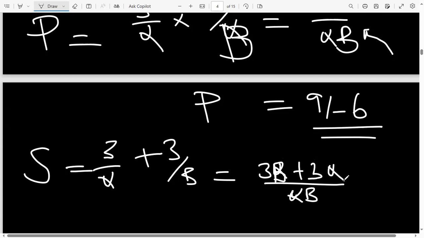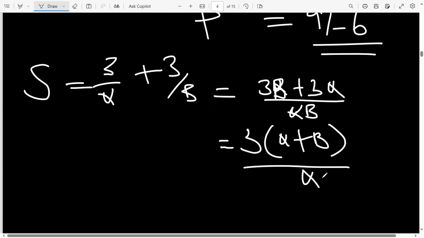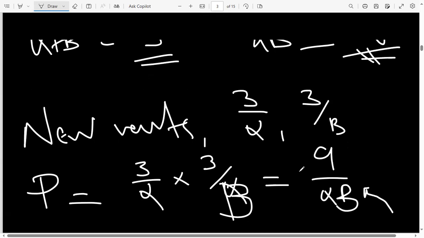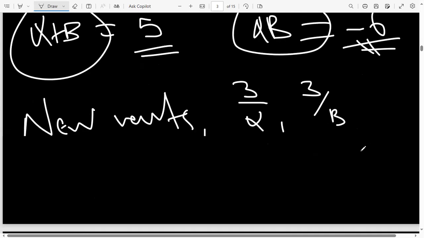From here, we see that on top, since addition is commutative, we can factorize the 3 and write whatever remains as alpha plus beta, then divided by alpha beta. We know the value of alpha plus beta and of alpha beta. Alpha plus beta is 5, and alpha multiplied by beta is minus 6.